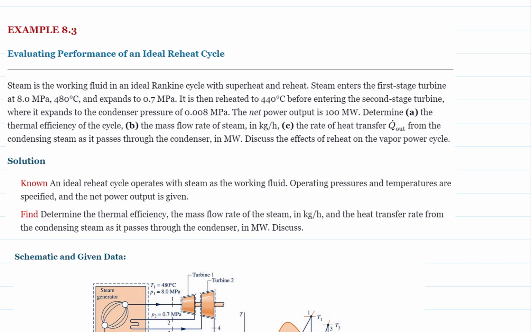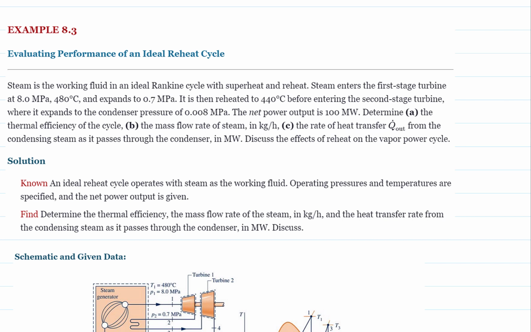Example 8.3. Steam is the working fluid in an ideal Rankine cycle with superheat and reheat. Steam enters the first stage turbine at 8 MPa, 480 degrees Celsius and expands to 0.7 MPa. It is then reheated to 440 degrees Celsius before entering the second stage turbine, where it expands to the condenser pressure of 0.008 MPa.